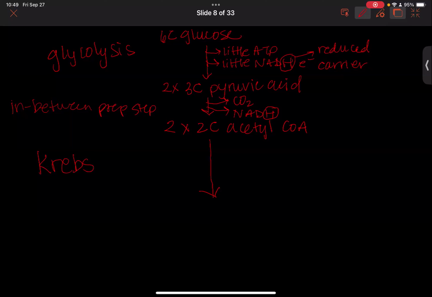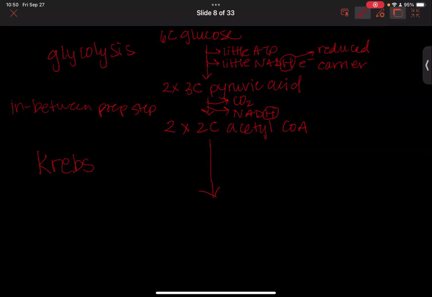Then we're going to mess around with the bonds and how the hydrogens are associated with the molecules, move things around, break bonds, release things, steal electrons, and move everything through until we come back to our final product, oxaloacetate, so we can do it again and again and again. That's all the Krebs cycle is.